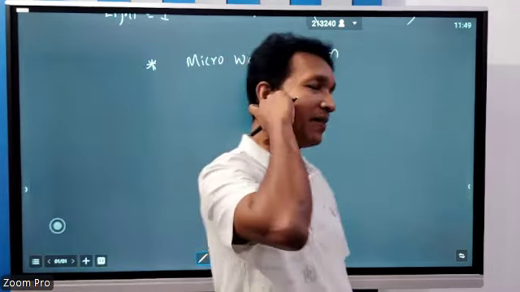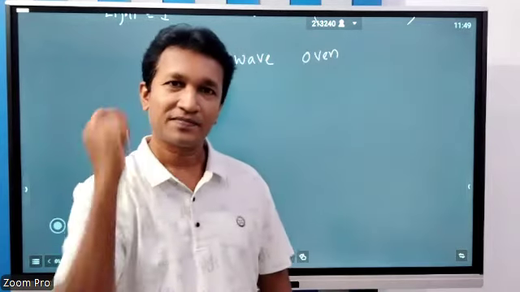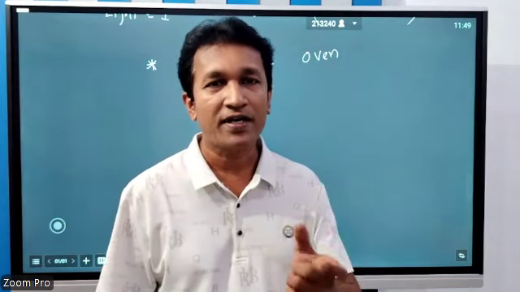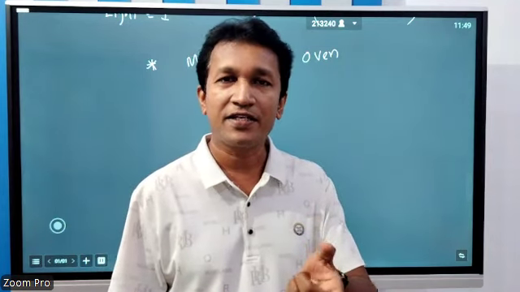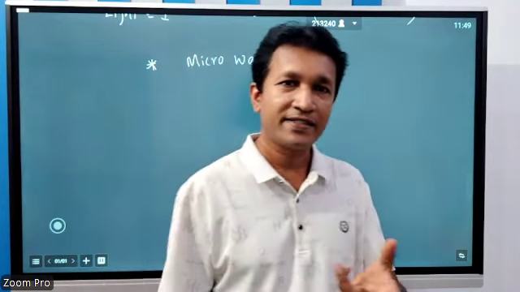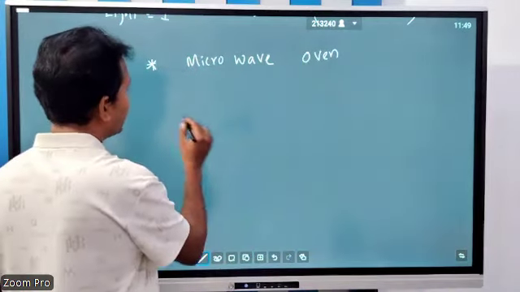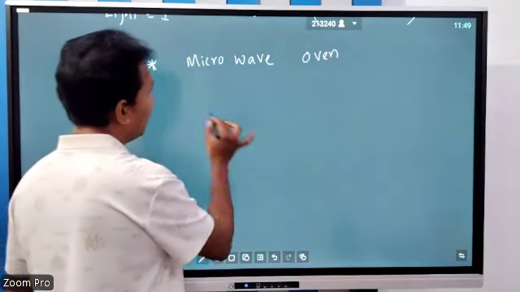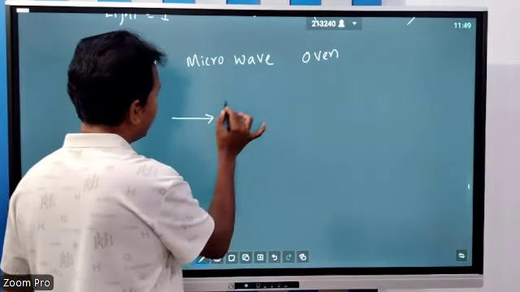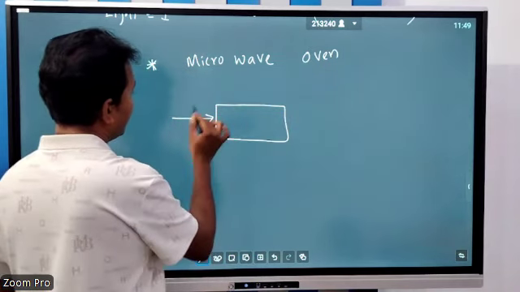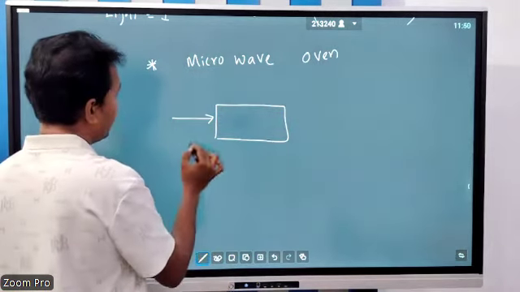Now, what will happen in a microwave oven? We have to adjust the temperature at which it should be baked, right? We should give the required temperature.